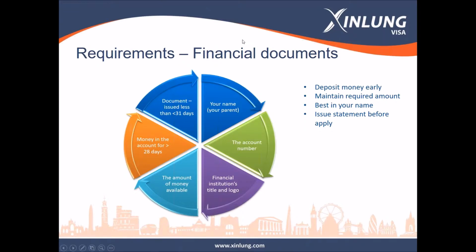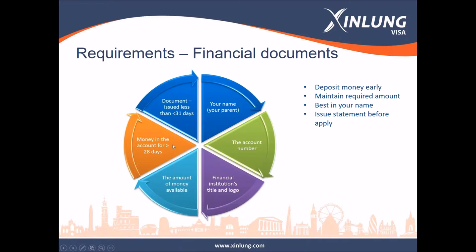Okay, another element on the bank documents is the account number. The Home Office says the documents need to show the bank account number and also the bank's name and logo. Apart from that, the Home Office wants to check the amount of money available to the applicant.